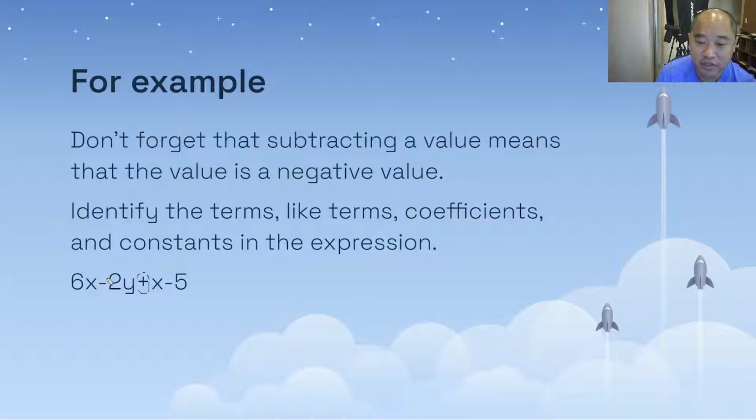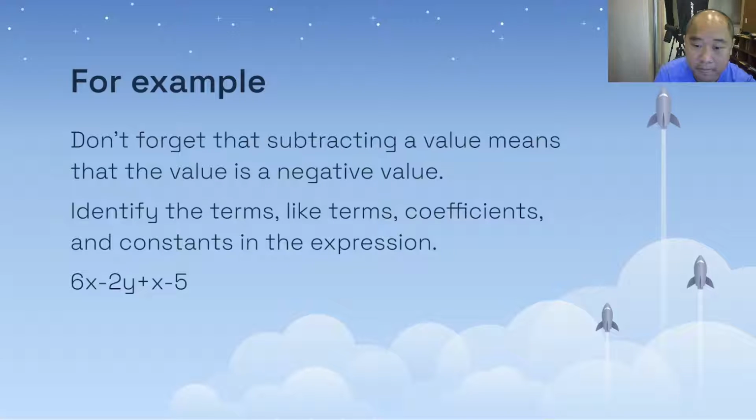But a subtraction is an operation and a signifier that it's negative. It can be both things. In fact, it is both things. So one way that you can think about this is that anytime you see a negative or a subtraction, it's a negative attached to that term.